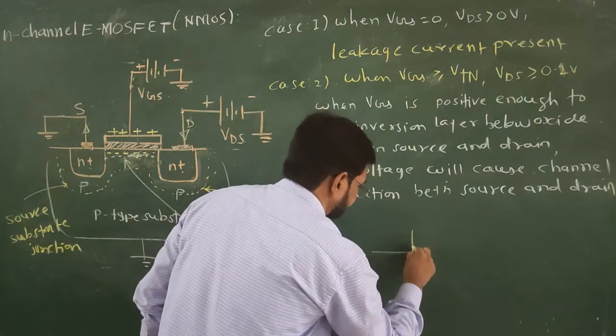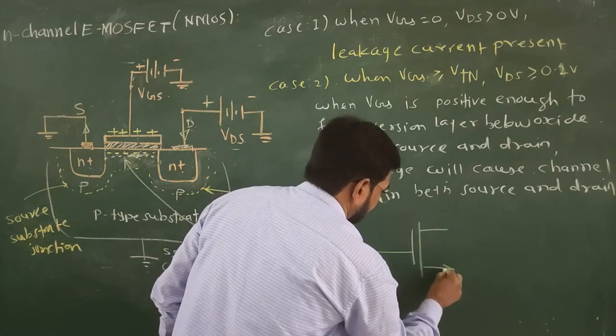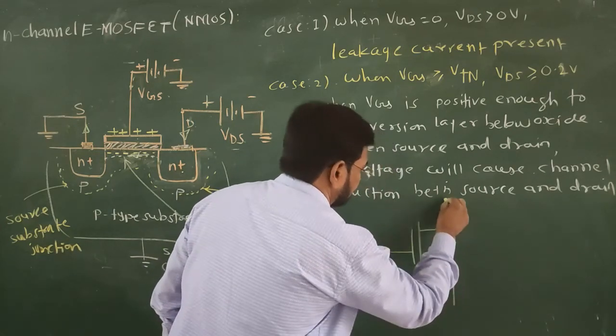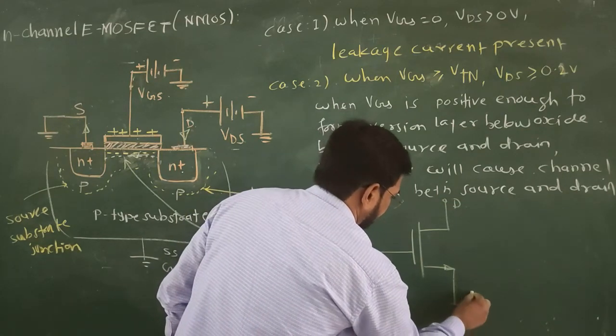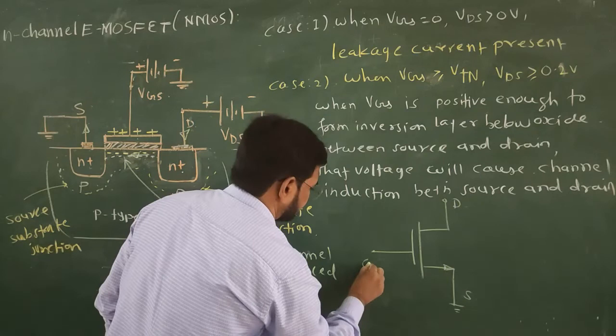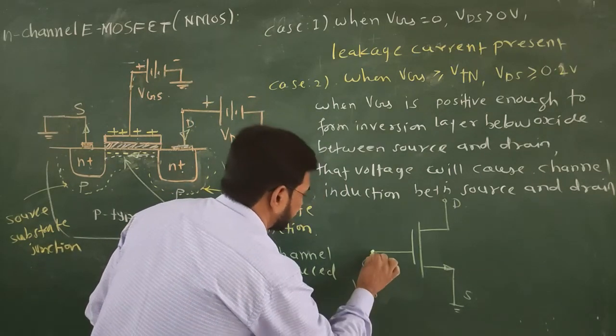Now, see here, this symbol shows the NMOS device. See, it is drain, source is at ground and it is gate voltage. So, we have applied VGS to the gate.